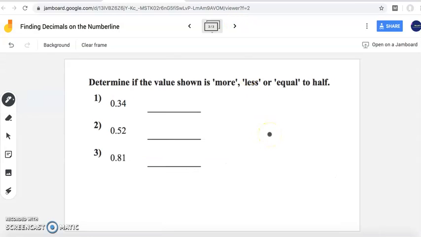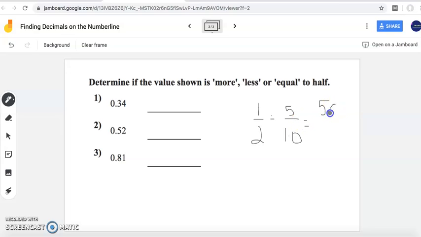For these next few problems, you're going to determine if the value shown is more, less, or equal to 1/2. Just like the last problem, we have 1/2, which equals 5/10, which is the same as 50/100. Notice these are all equivalent to one another.